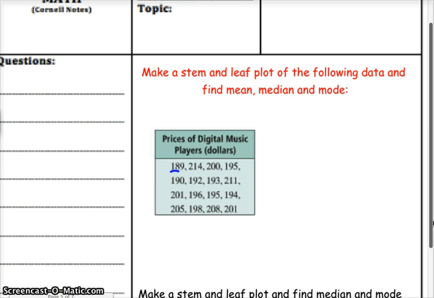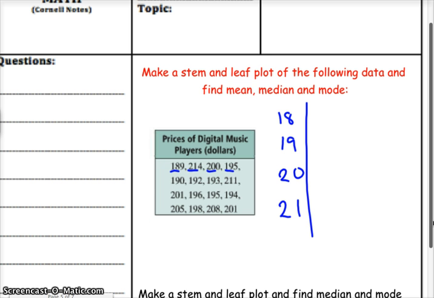I have an 18, a 21, a 20, a 19, 21 again, a 20. So it looks like I go from 18 to 21. So I would go 18, 19, 20, 21. Those are my stems.